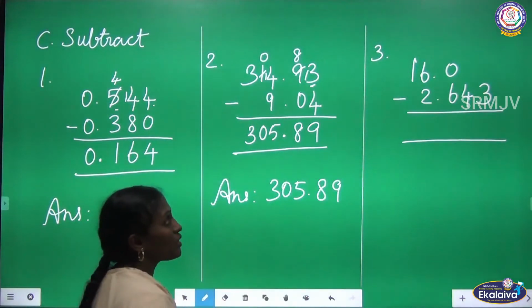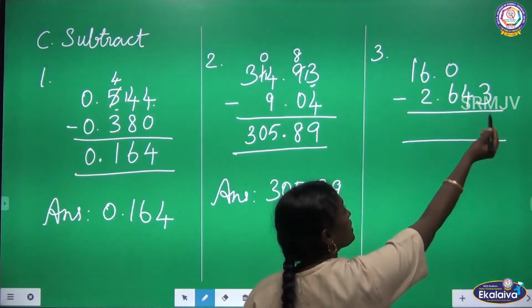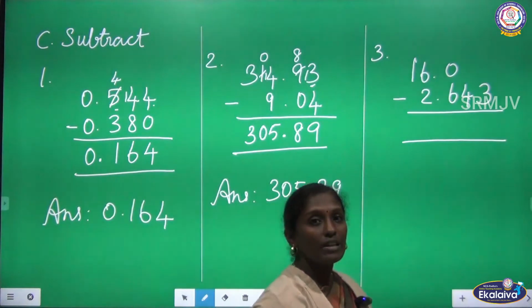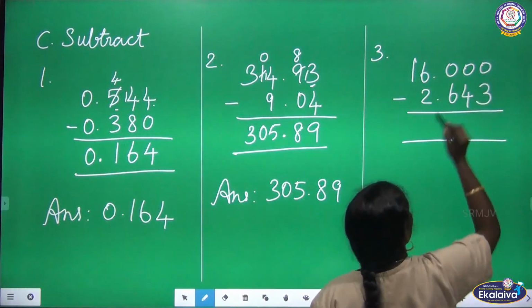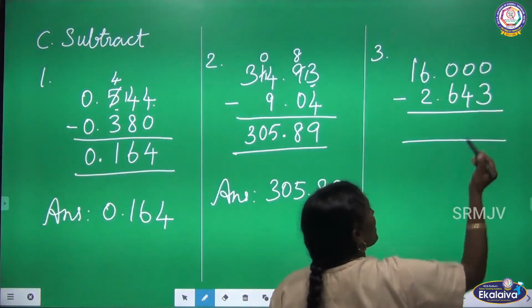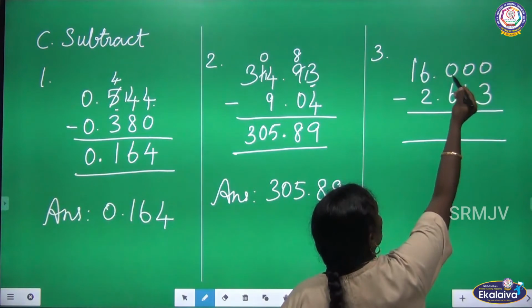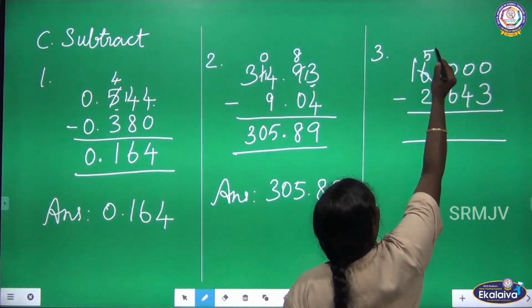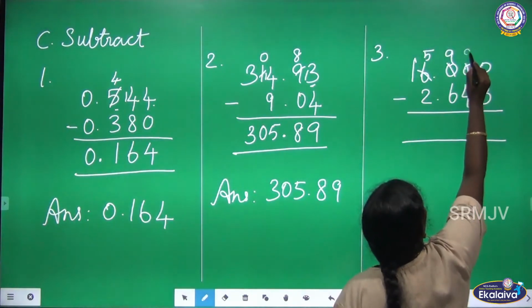305.89. Okay. The next number 16.0, 2.643. Here in the second number we are having 3 decimal places. So first we have to make it as like decimals. Now 0 minus 3, from 0 we can't subtract 3. So we have to borrow from 6. 6 will become 5. This 0 will become 9. This 0 will become 9.